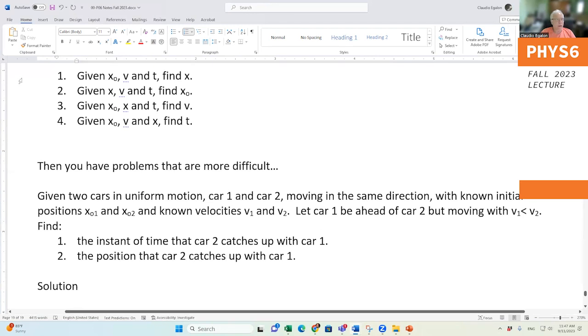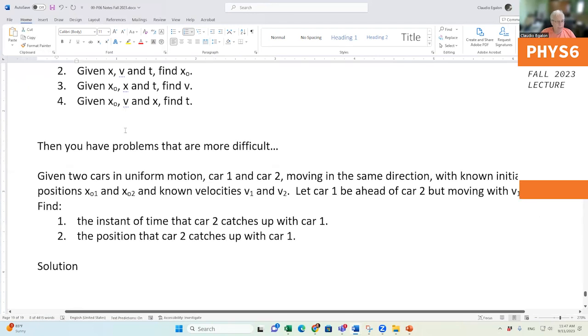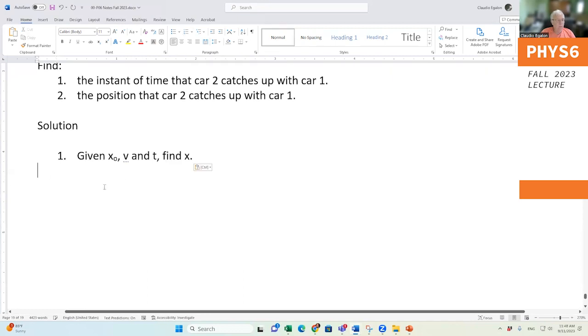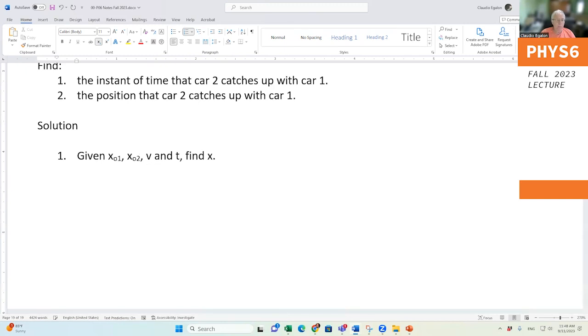Let's see what we have. In this case, it's somewhat related to this one, but instead of x naught, we're going to have x naught 1, x naught 2.